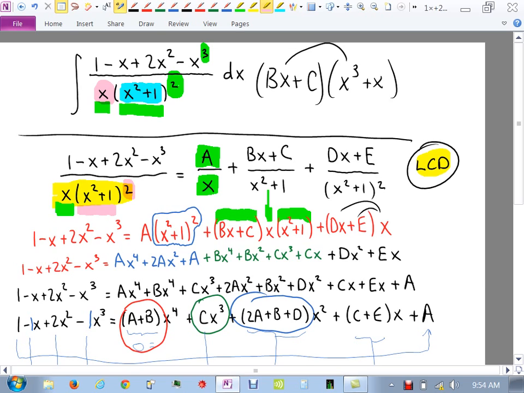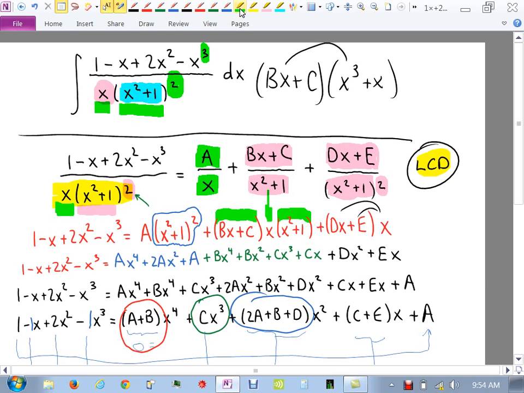We write down the quadratic factor that can't be factored, and we put on top of it, instead of just a like this, we put a linear term on top, so bx plus c. And because it was repeated, squared, we have to write it again, this time the power coming up to 2, and then another linear expression on top, using different letters.